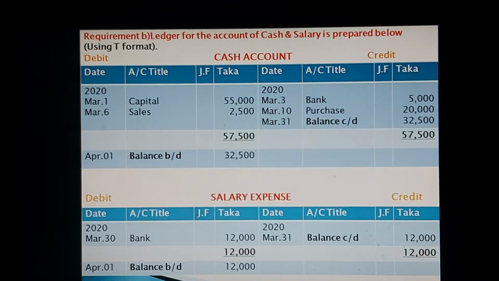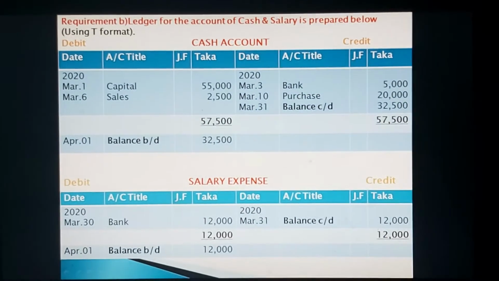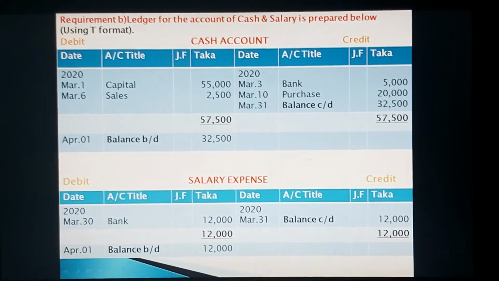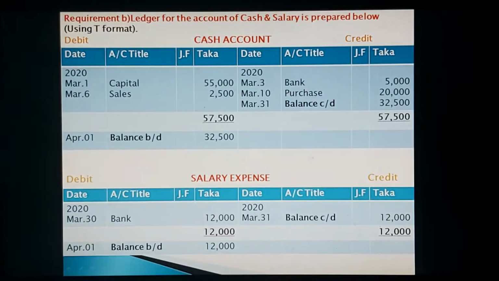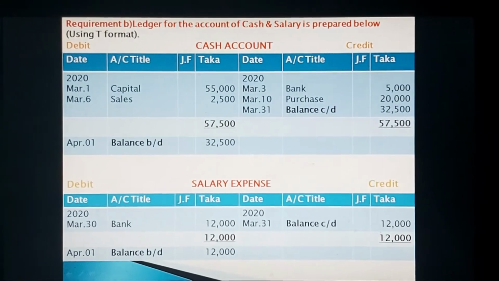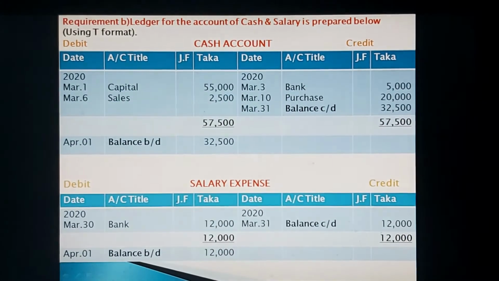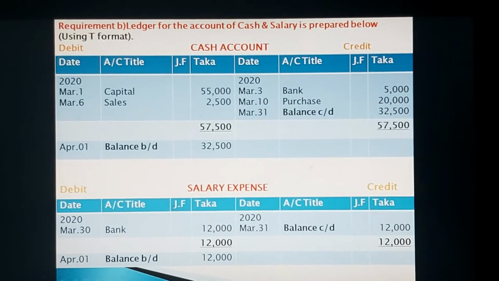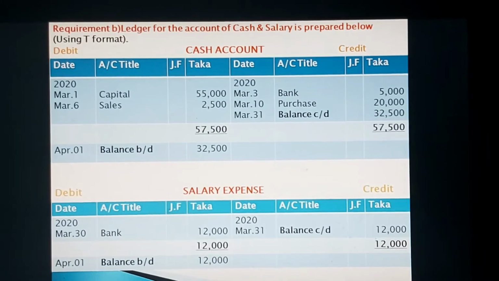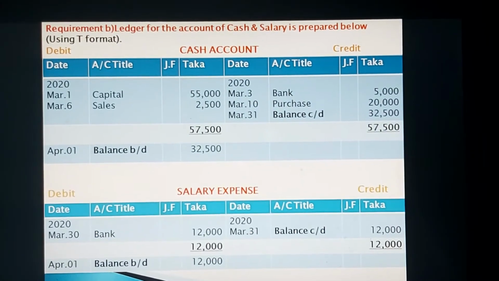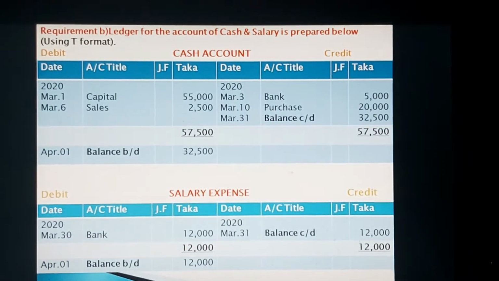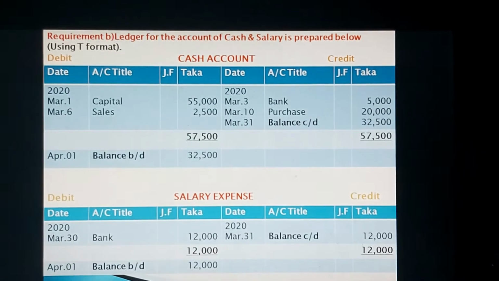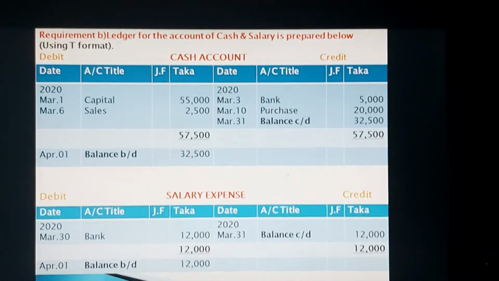But what kind of balance? That is the balance c/d, the balance carried down. When balance c/d is to be used, it is at the end of the month. So March 31 is the last day of the month of March. So in all ledgers in T format, you can write balance c/d on the last day of the month.